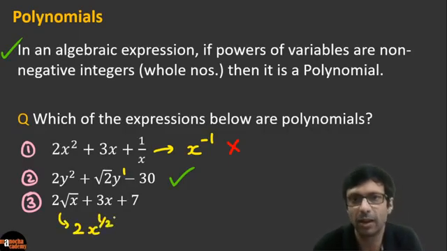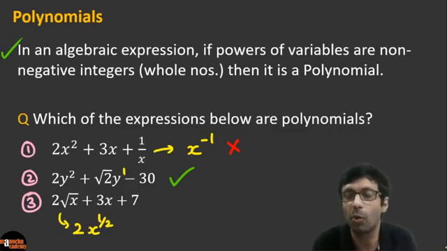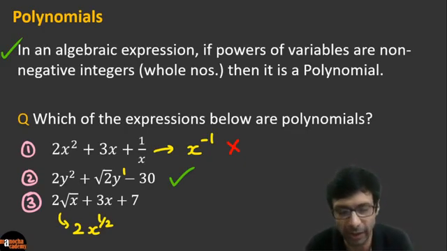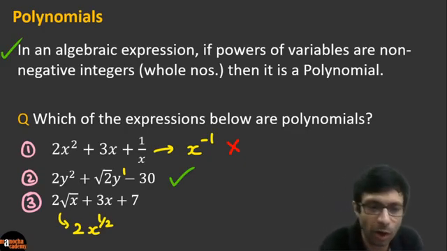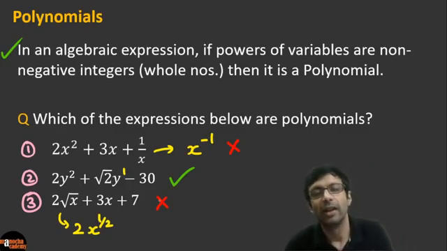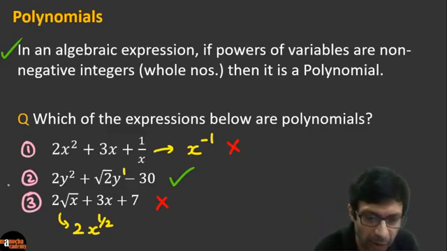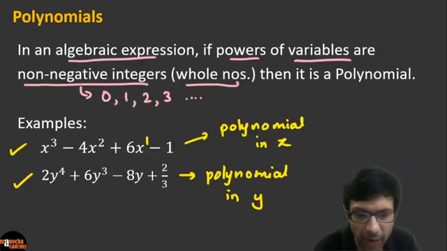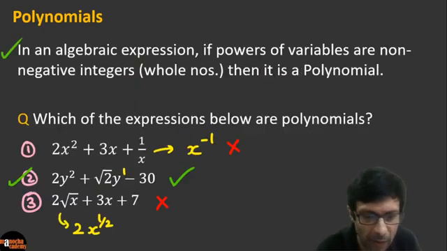Guys, you know that root x means x to the power half. There you can see that a fraction has come. It's not an integer power, so this one is not a polynomial. Very good, those of you who got it. The only polynomial here is number 2. Clear guys? Excellent. Let's move on. Is everyone clear about that? All right.